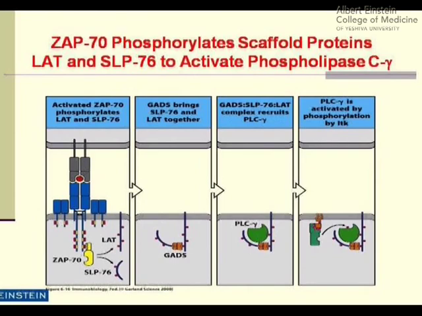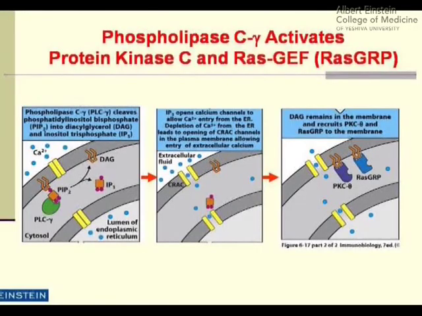They become incredibly popular. They recruit, in this case, GADs, SLP76, LAT. These are just examples, and clearly the details aren't as critical. But what it does now recruit is a very important protein called phospholipase C. And what makes phospholipase C so important is that it gets activated now, and it has the ability to cleave phosphatidylinositol bisphosphate, PIP2, into diacylglycerol and IP3.